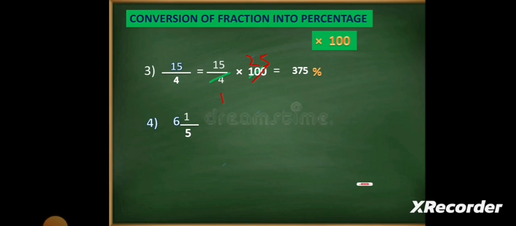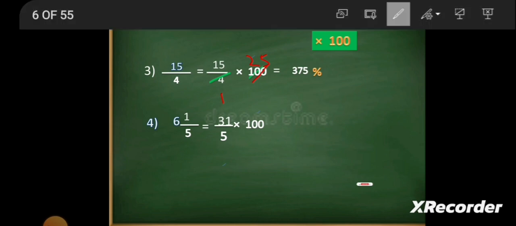Okay, now see the next example. 6 1 upon 5. We will convert it into percentage. How? We will change it into improper fraction, which comes to 31 upon 5, and then we will multiply by 100. Here 5 is a common factor of 5 and 100, so we divide it by 5.